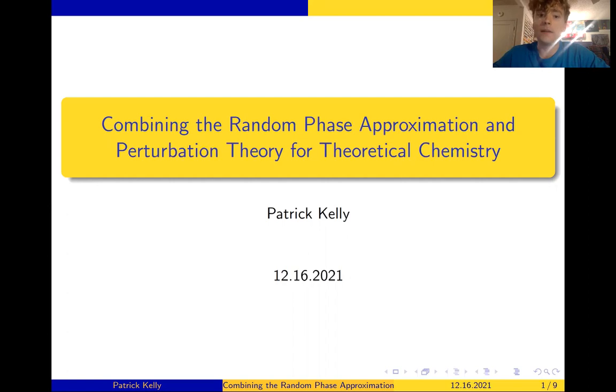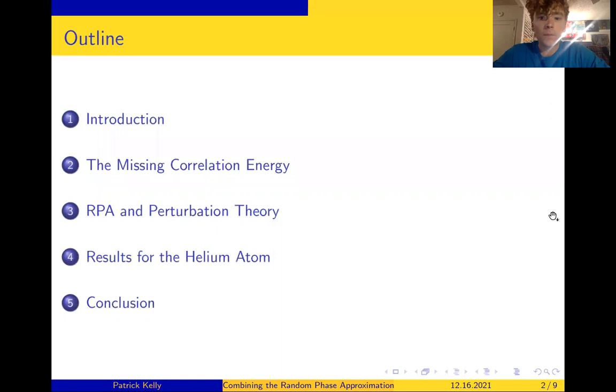It's called Combining the Random Phase Approximation and Perturbation Theory for Theoretical Chemistry. That's the name of my presentation. So here's my outline. I'm just going to briefly talk about what the paper's about. I'm going to talk about some of the key concepts, namely the missing correlation energy, which is the main thing that the authors are trying to estimate.